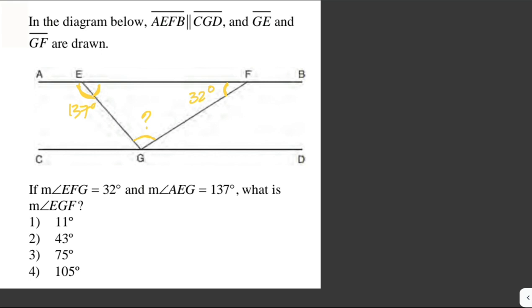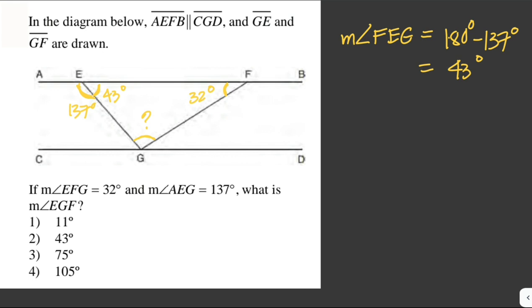Therefore, the measure of angle FEG is just equal to 180 degrees minus 137 degrees. So that is 43 degrees. So this is 43 degrees here.